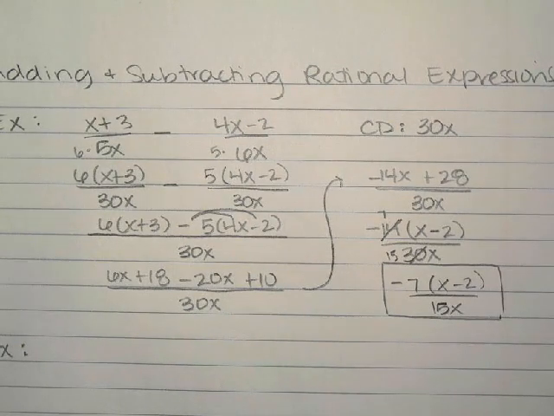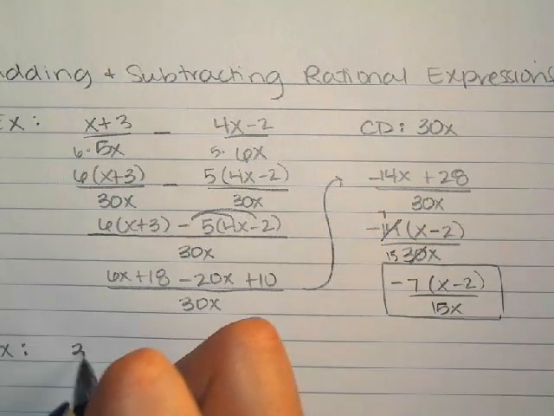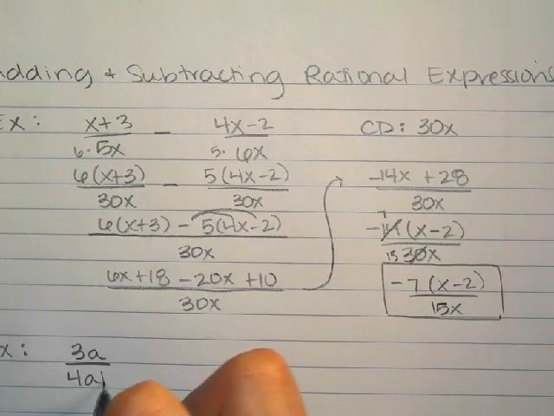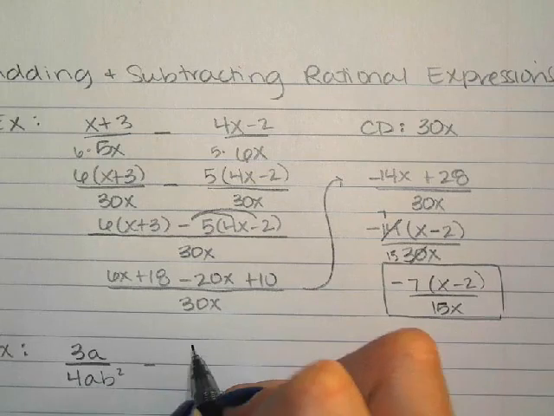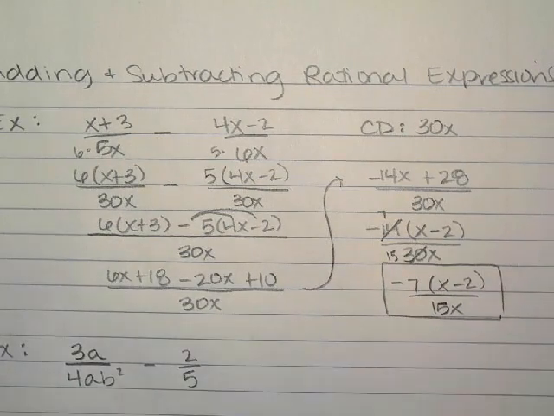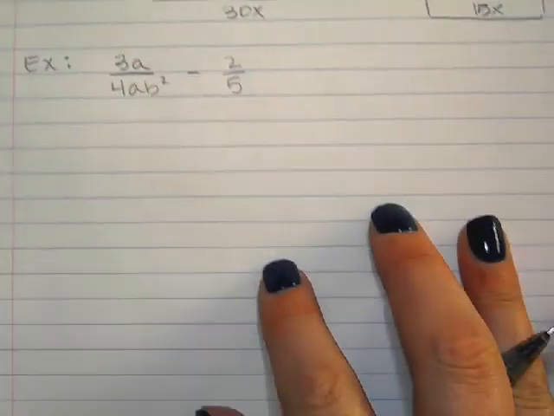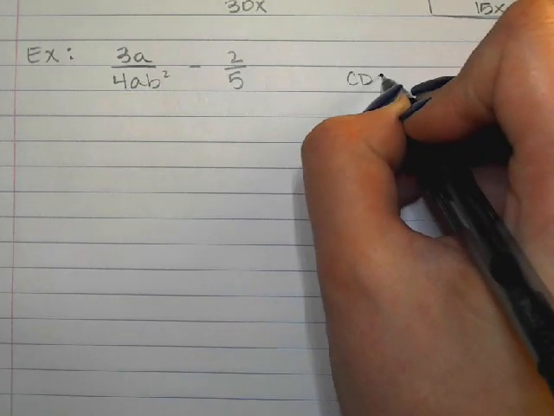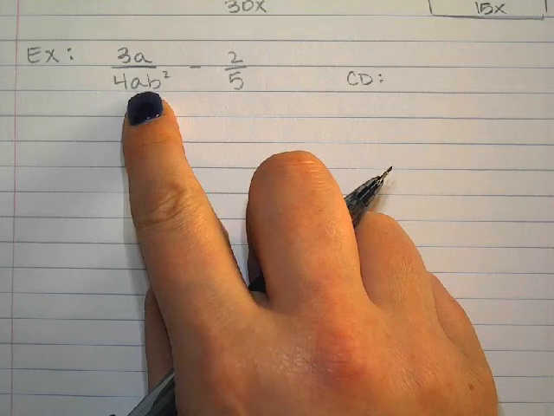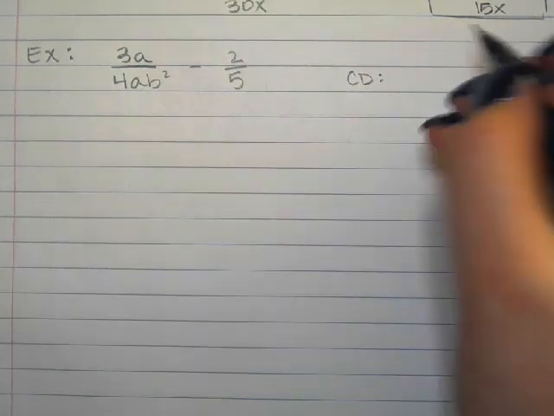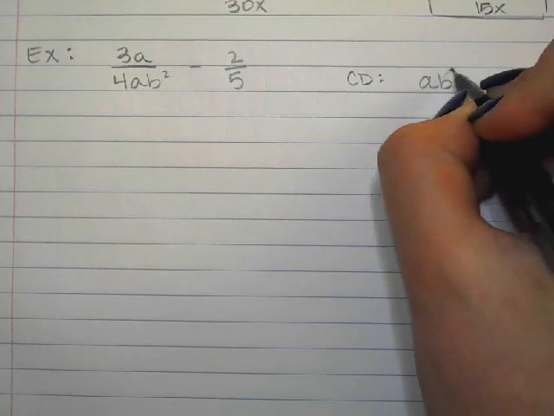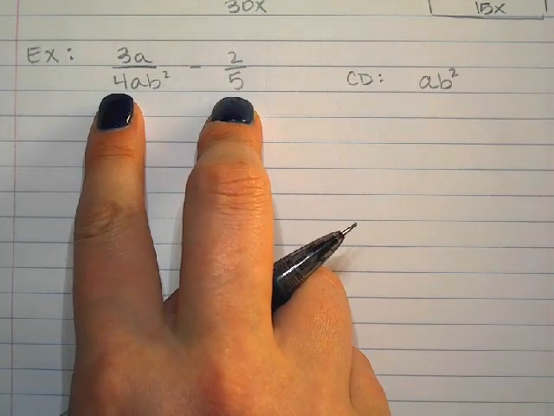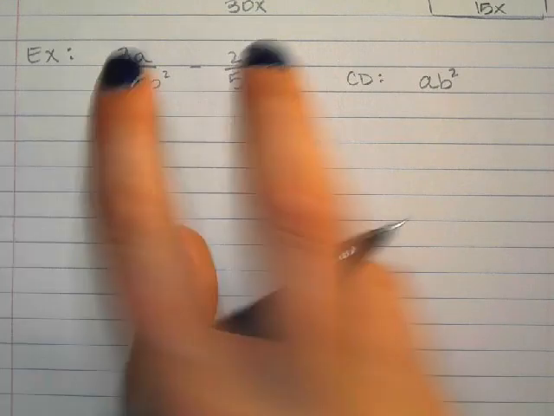All right, example 2, we're going to have 3a over 4ab squared minus 2 over 5. So again, we're going to come up with the common denominator first. So we have an ab squared, and this one doesn't have any variables, so we're definitely going to need the ab squared. And then we have a 5 and a 4, and we have to think about what number both of those would go into, and that's 20.